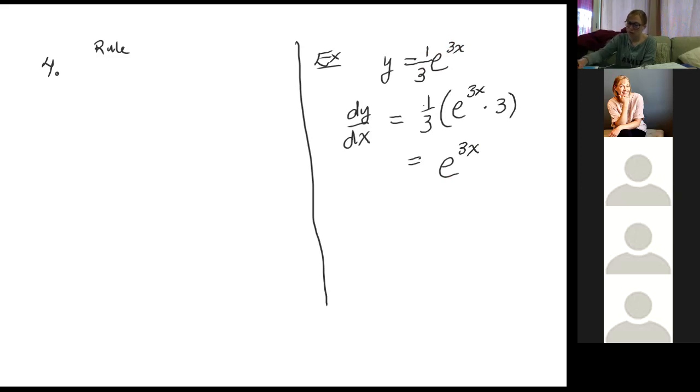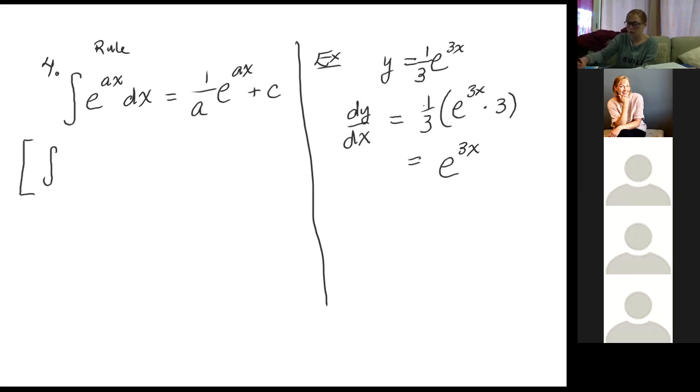So if I'm wanting to list a rule for that, if I want to find the antiderivative of e to the power of some constant a times x with respect to x, then that is equal to 1 over that constant a times e to the ax, and then I have to add some constant of integration c. I'll make a side note here.